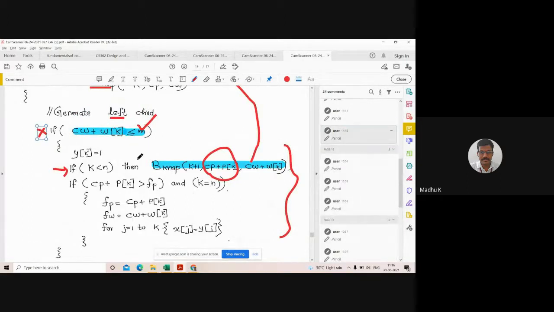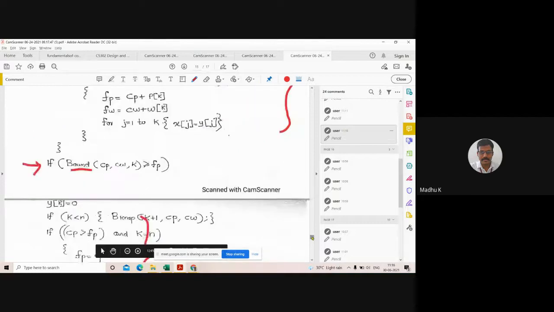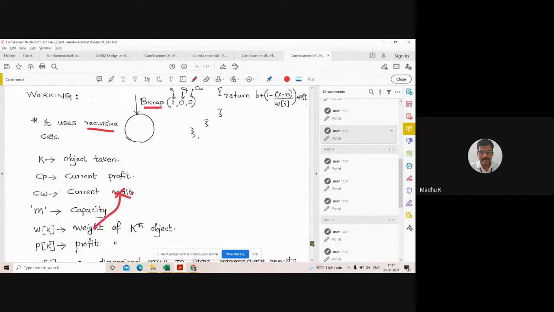Then what I will do, I will go here and try to execute this. First I will check the bound. If this is satisfied, I will execute. First I will check this one, bound. I will call the bound function with the parameter. That is the first step.